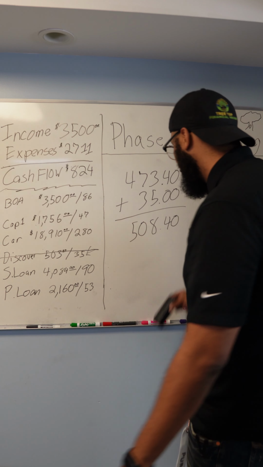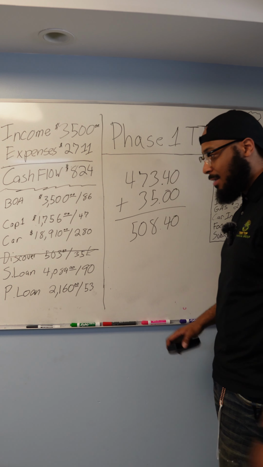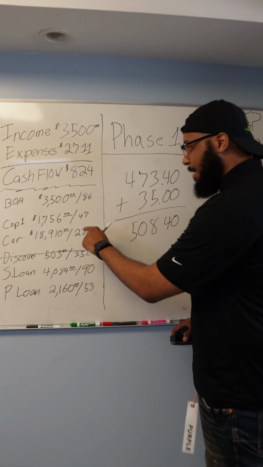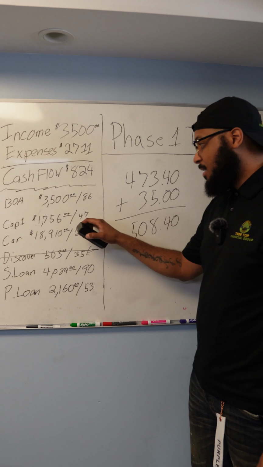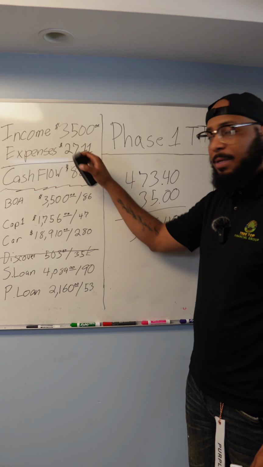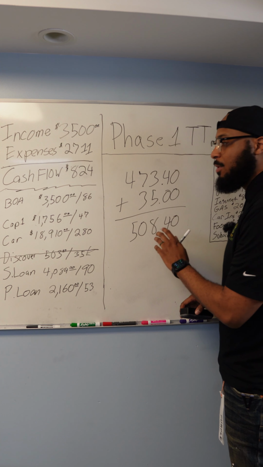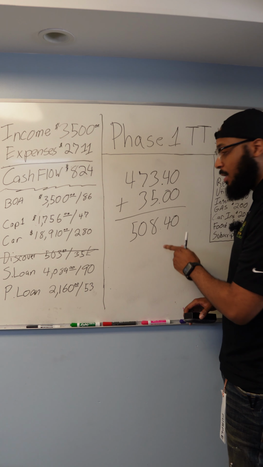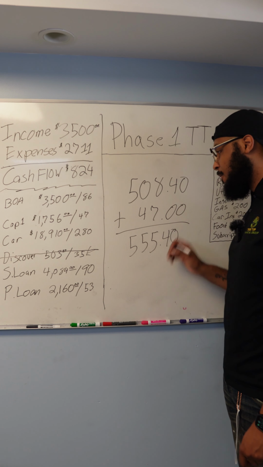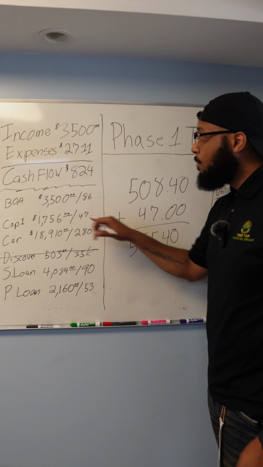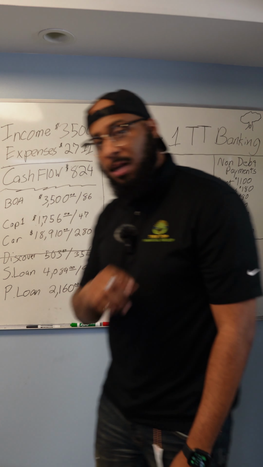Paying $508 a month on top of the $47, so basically we add this $47 to the $508 because this is automatically going to come out of your expenses. So let's add it up. $555.40 is what's going to go onto the Cap 1 every month until it's gone. And we're going to recoup that cash flow when we do this. Let's see how long it takes.